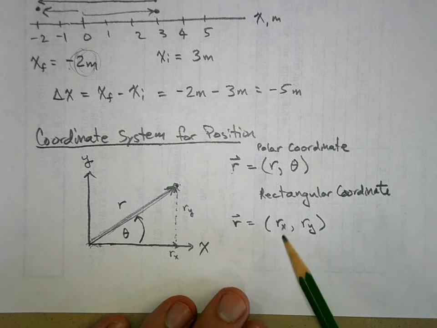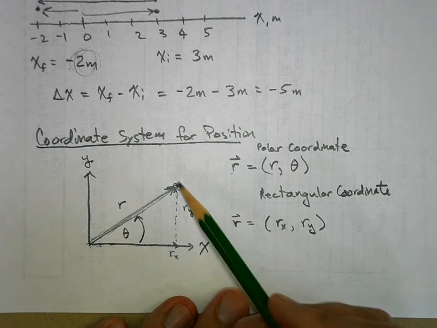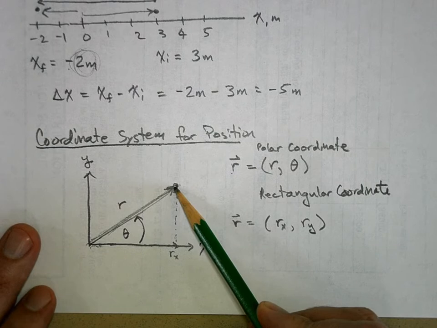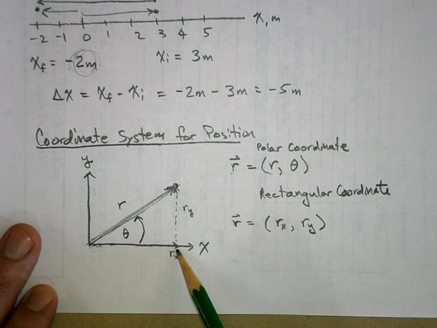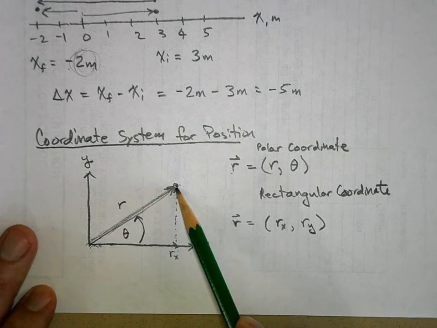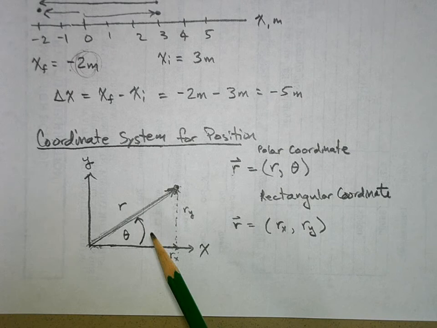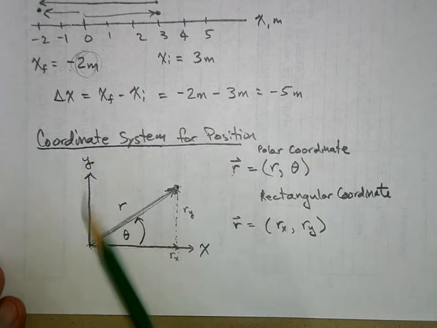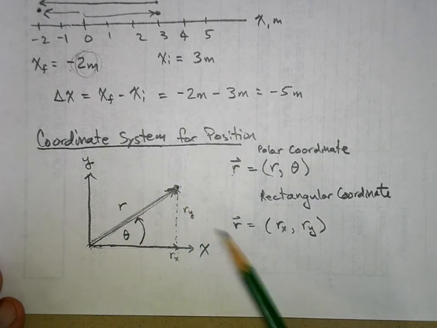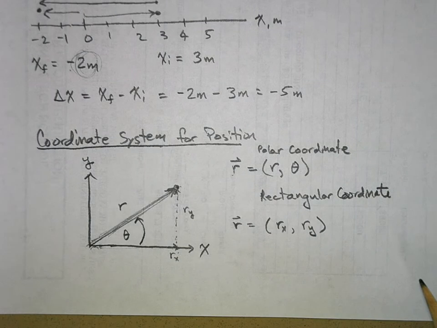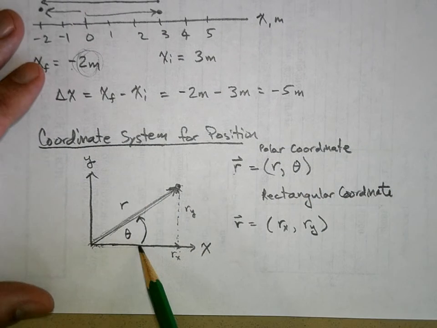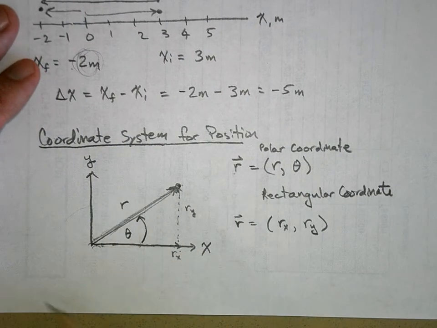I know exactly where this object is located in space if I tell you how far you go to the right in x and how far you go up in y. And this will work on the whole plane, right? I'm just showing the first quadrant here, but this will work for any quadrant. Same with this. Your angle can be greater than 90 degrees and go all the way around.